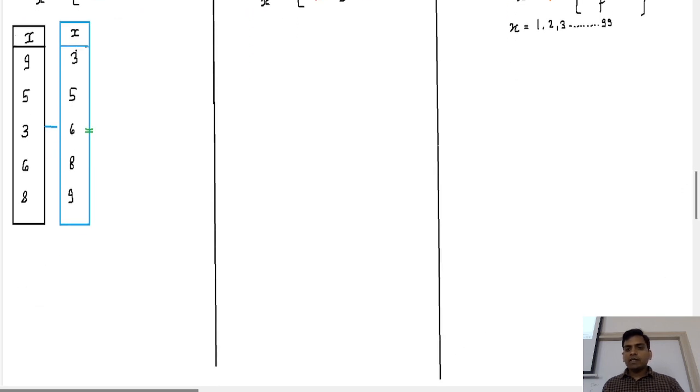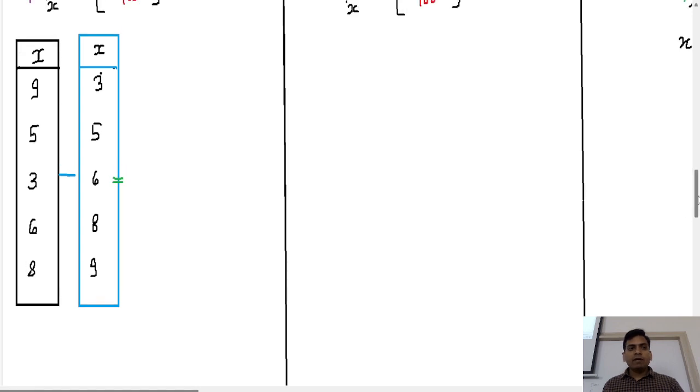We are taking this individual data, the same data set. This is the original data, and this is the arranged form.